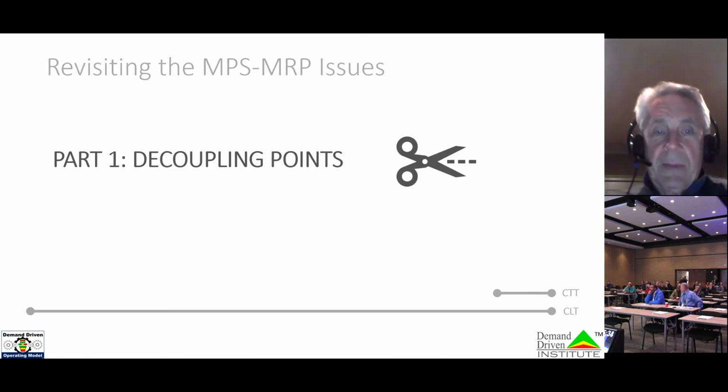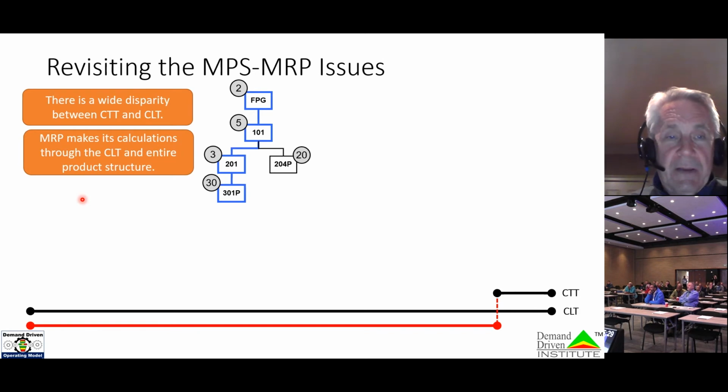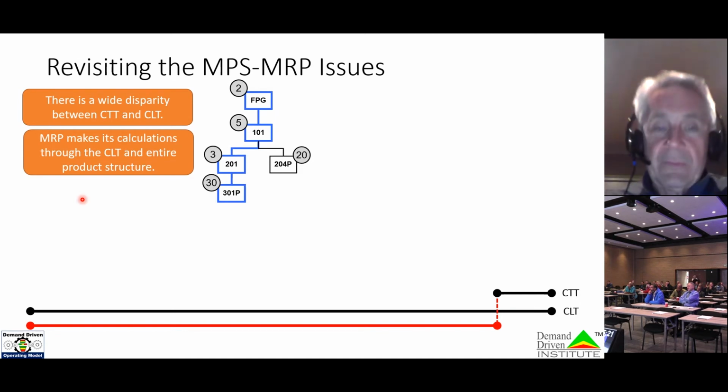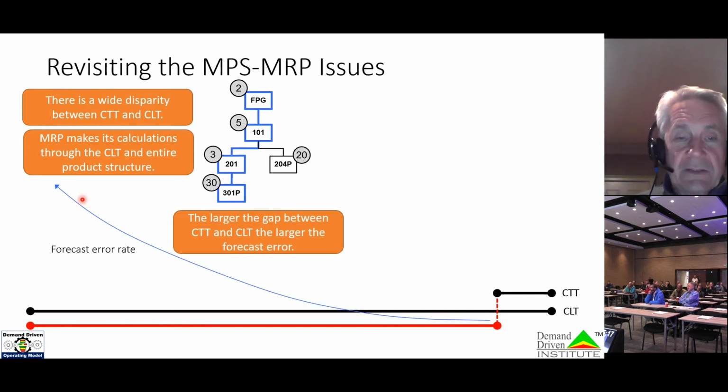So let's talk a little bit about what decoupling points are, and the disparity between cumulative lead time and our customer tolerance time. The longer and deeper the bill of material, the more dependency we have on those items, the greater our lead time issue is going to be. And we know that's going to introduce forecast error into our environment that is going to be difficult to manage.